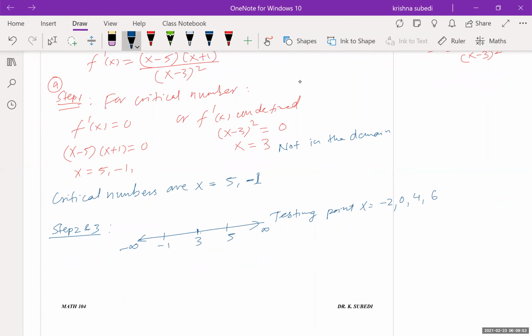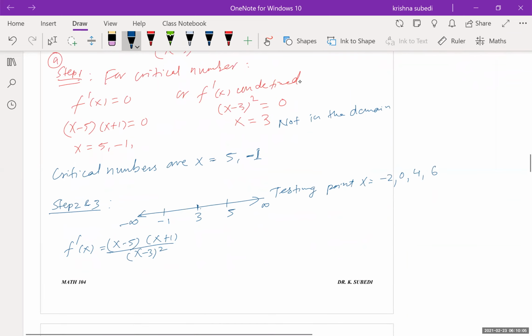Let me just copy the derivative function here, which is x minus 5, x plus 1 over x minus 3 squared. If I plug in the value -2 there, this will be -2 minus 5 and -2 plus 1 over -2 minus 3 squared.